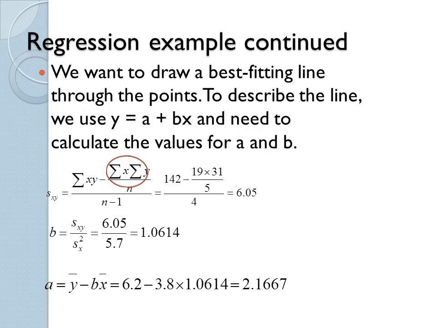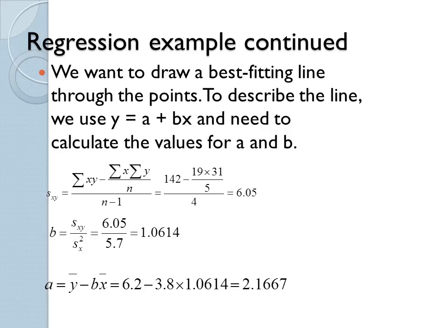But basically, if we were to calculate it, we would then put the values into the numerator at the top, put in the denominator, it's n minus 1, so it's 4, and we get a covariance of 6.05. Now this covariance is positive, which means that both variables are changing in the same direction, and that was evident in the scatter plot. We could see that there was a positive relationship.